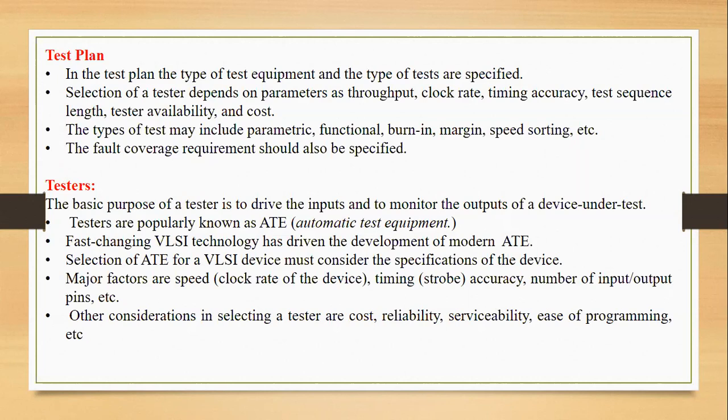The test equipment depends upon parameters like throughput and clock rate, and the test type represents parametric, functional, burn-in, margin, speed sorting. The fault coverage requirement should also be specified. So in the test plan, we have to specify where the fault occurred and which device is said to be faulty.